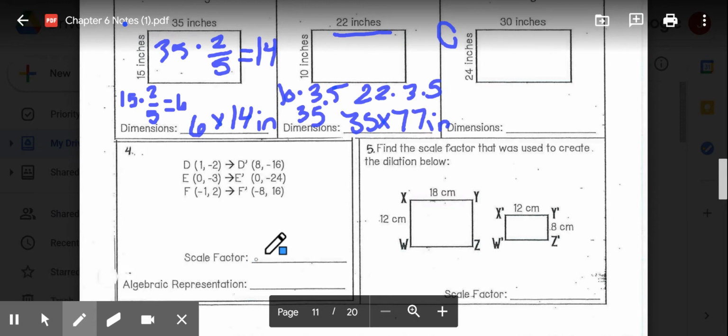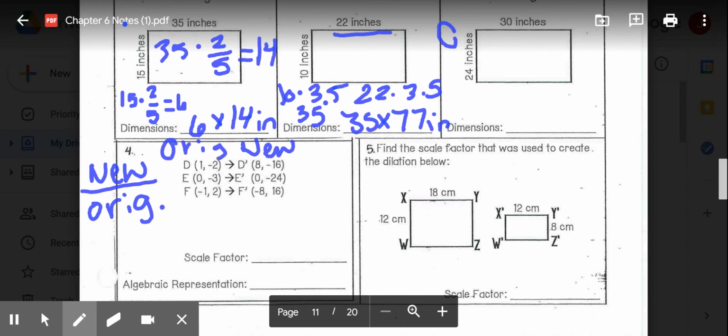So we're going to see if we can find the scale factor given the new and the original. Remember, up above, one of the first things that we wrote is that we can find the scale factor by doing new divided by original. In this case, that means our ordered pairs. Our new divided by the original. Remember, our new would be our image that have these prime marks next to them, and our original are the ones that do not.